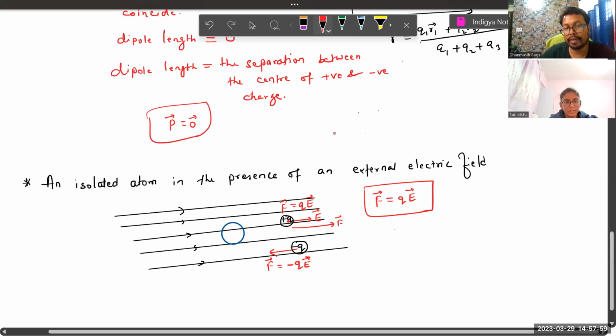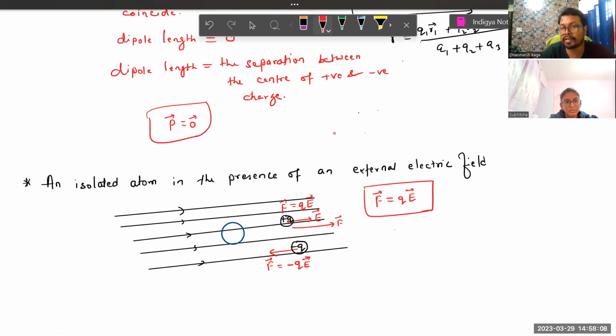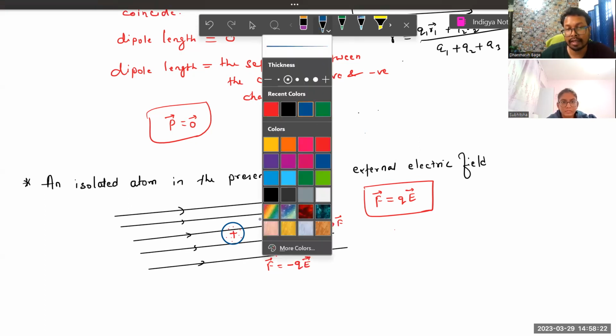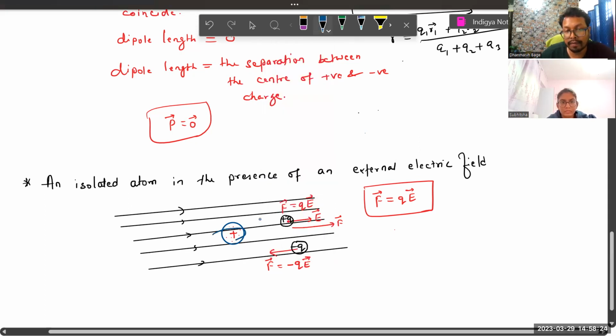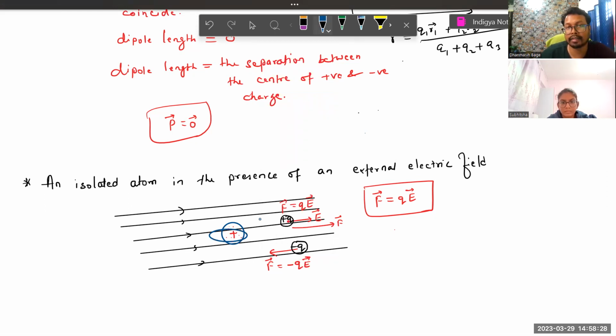So this is the thing. It means the positive charge will experience the force in this direction. Both the positive and negative charges will experience the force in opposite directions, right? Now see that in this isolated atom, positive charges are here and electrons are distributed all around. What will happen actually? In this case, negative charges will just be pulled in this direction.